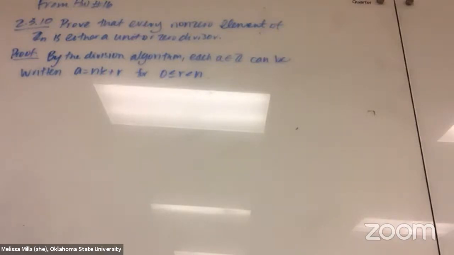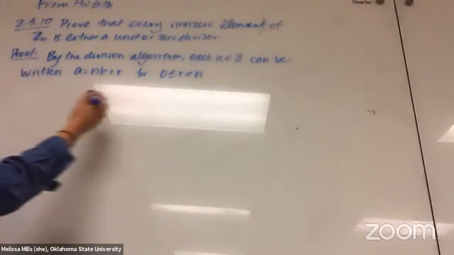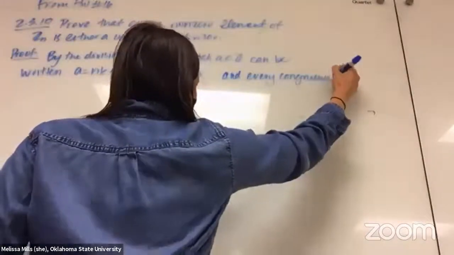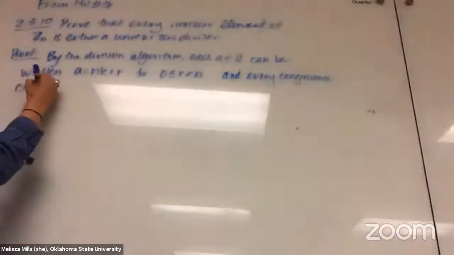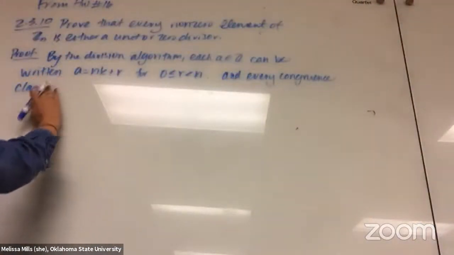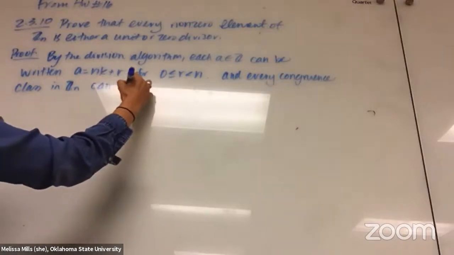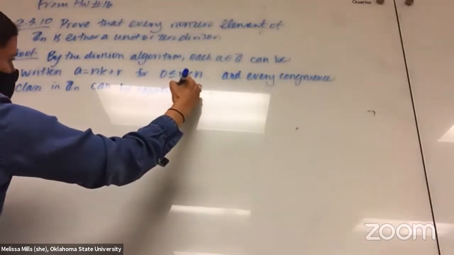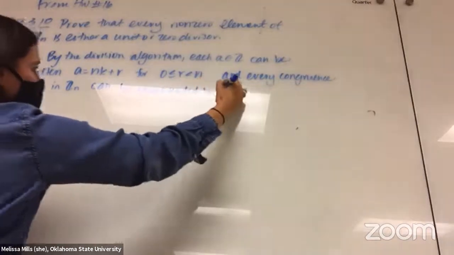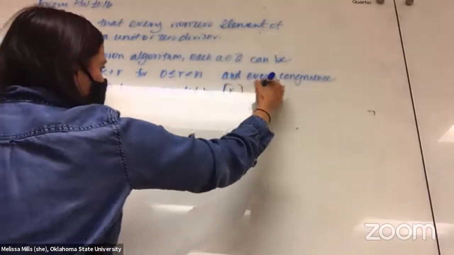So then we have two cases. And let's say every congruence class of Z mod n can be represented by some r like that.